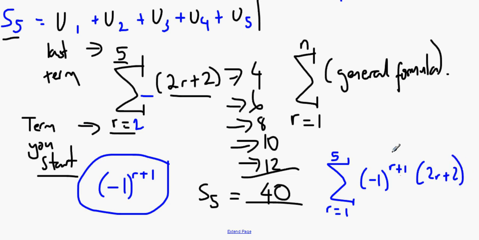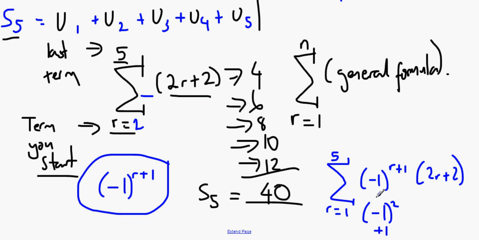So let's say, for example, we want to find out what the first term is. Remember, we always substitute R for 1. So, minus 1, 1 plus 1 equals 2. So that will come up as minus 1 to the power of 2. And as we know, minus 1 to the power of 2 makes positive 1.